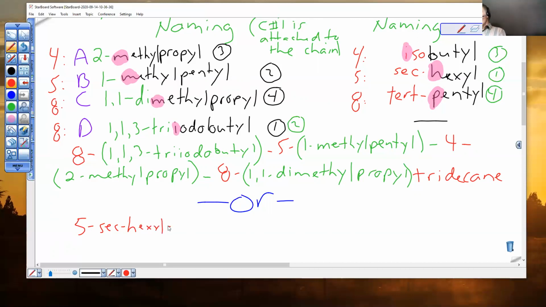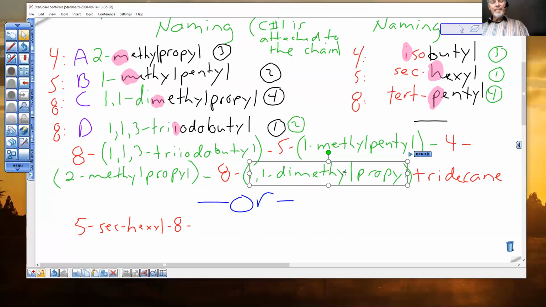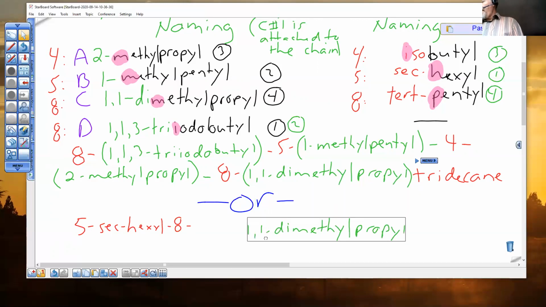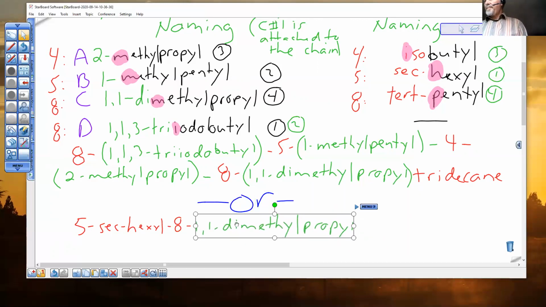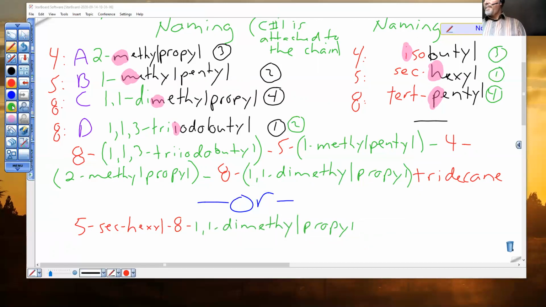And then the second group we're going to do is the systematic one, because we don't have a common name. If I'm lucky, I can do this. No, sometimes. Didn't catch the first parenthesis. No problem. And that's the second group. And then the third group is isobutyl on 4.